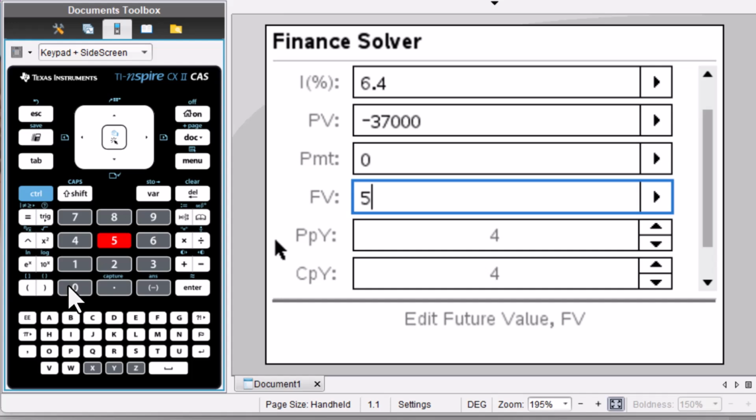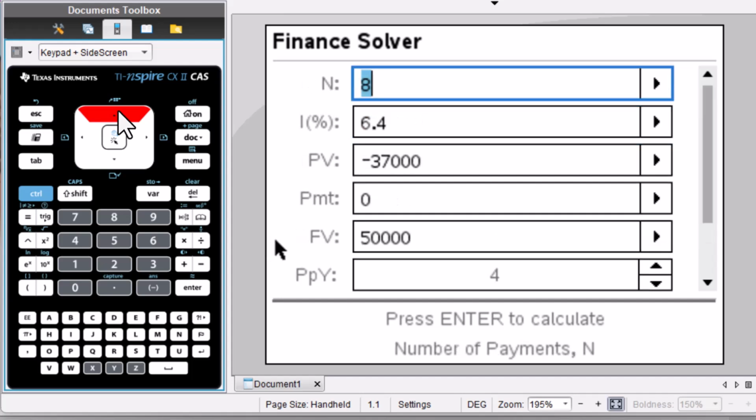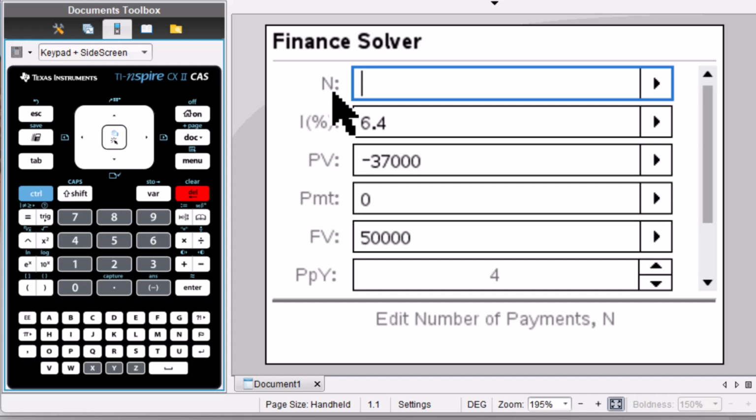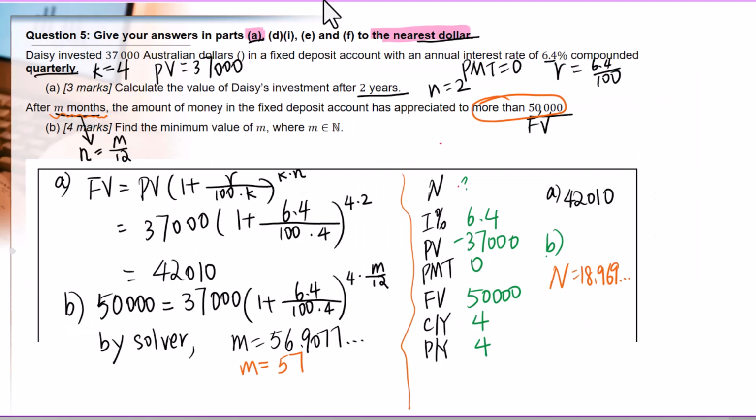Future value $50,000. PMT is 0. PV is the same. Interest rate is the same. We are looking for this capital N. Enter. So we got this capital N equals 18.969 and so on. But we need a month.